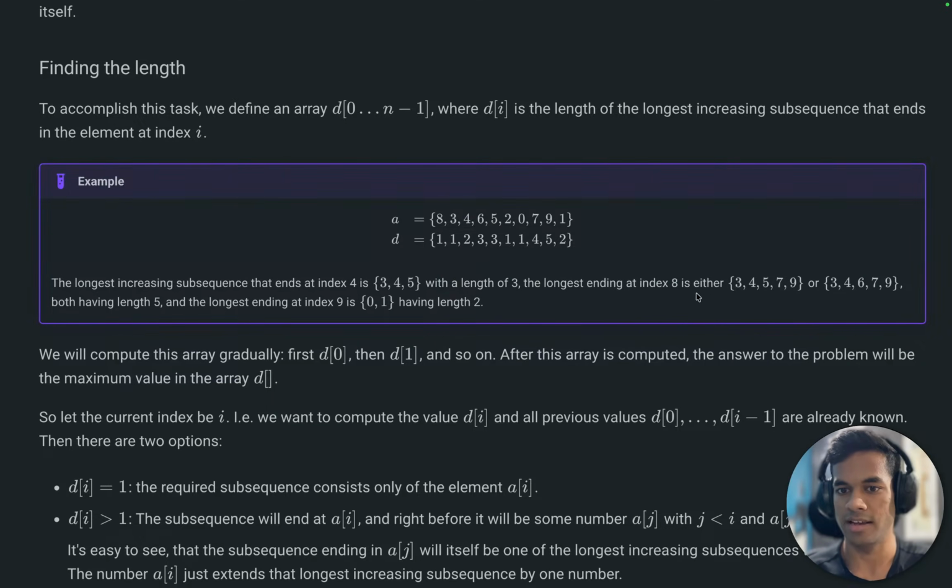The longest ending at index 8 is either this or this subsequence, and both have a length of 5.